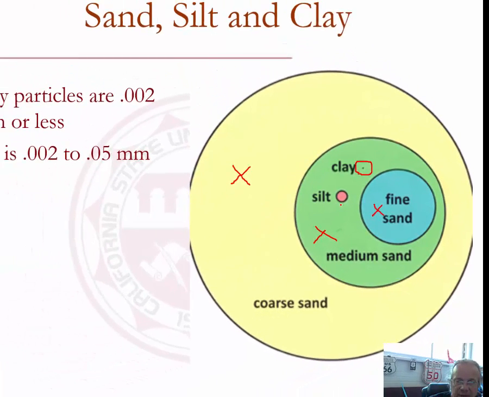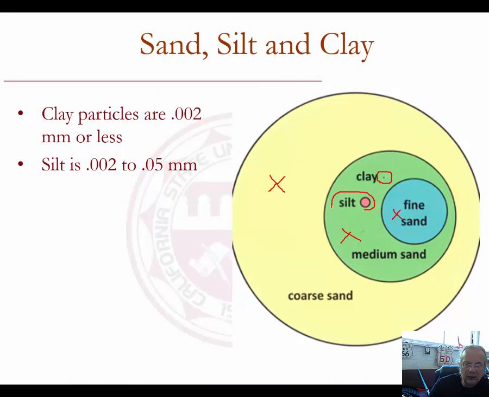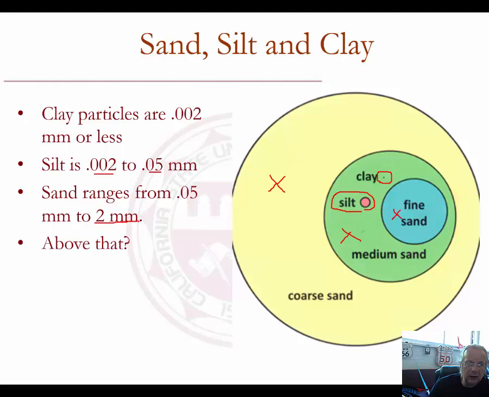Silt, which is very fine itself, goes from 0.002 to 0.05 millimeters in size, so 1/2 of 1/10 of a millimeter is silt, and sand ranges from this 0.05 millimeters all the way up to 2 millimeters in size, which would be a really coarse sand.